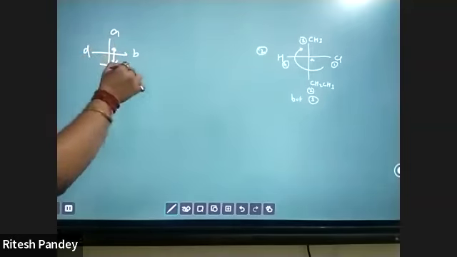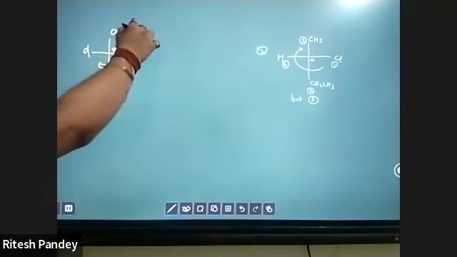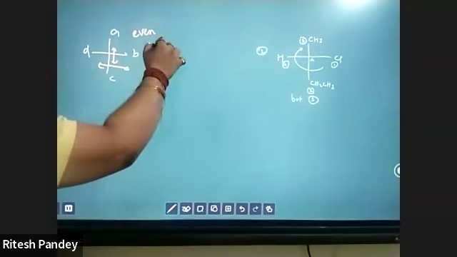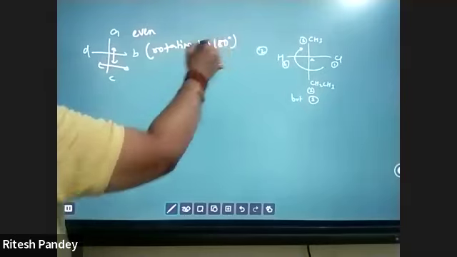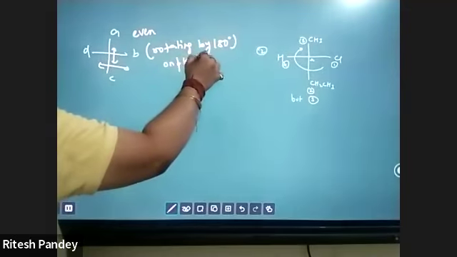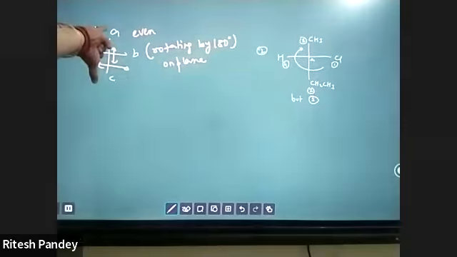A and C can get exchanged, but again, it has to be an even number of changes. It is as good as rotating by 180 degrees on the plane of the board. A and C will exchange their positions, so will B and D. So it can be looked upon as A and C exchanging position and B and D exchanging position, or it could be rotated by 180 degrees on the plane of the board. I think I'm being understood.